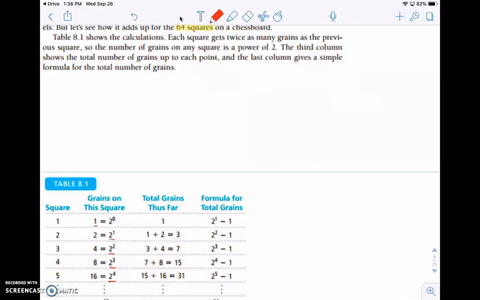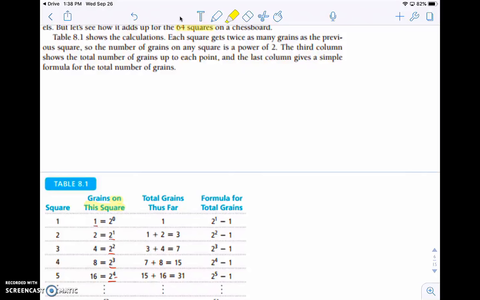So on square number 5, notice that the power is just 1 less than the square number for the number of grains on that particular square.